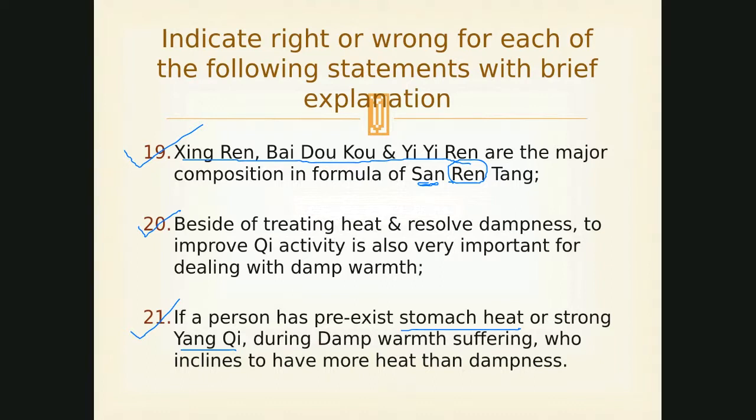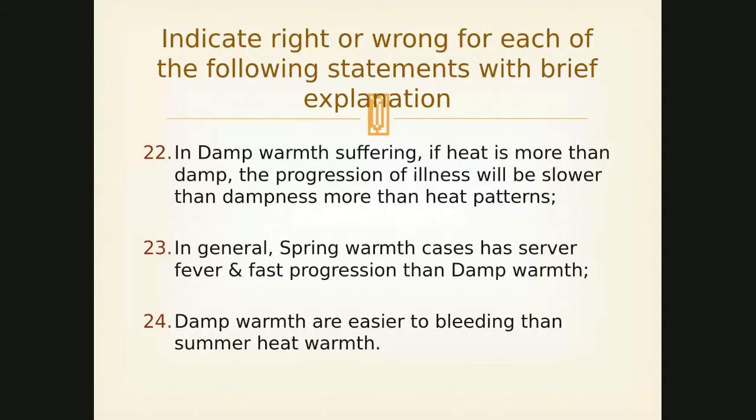Thank you, everybody. Now here comes the next slide, number 22. In damp warm suffering, if heat is more than damp, the progression of illness will be slower than when dampness is more than heat patterns. So this is incorrect. Where has it been wrong?